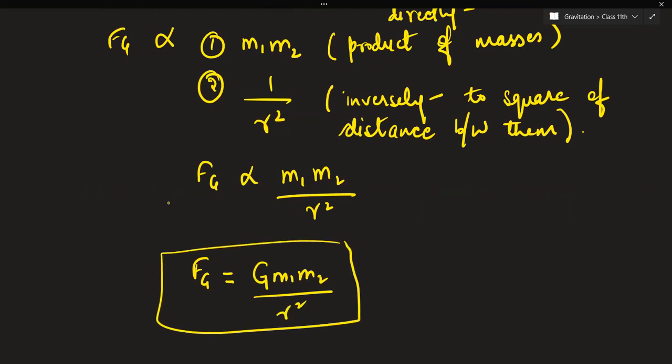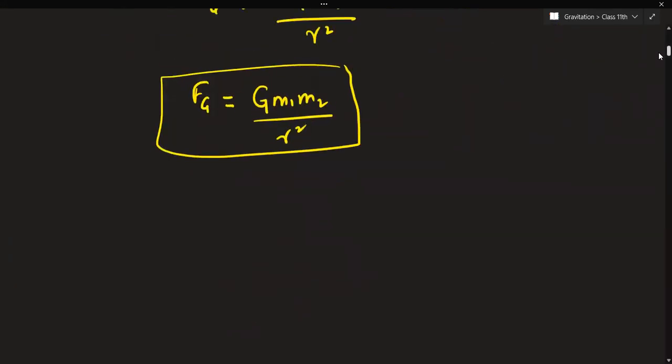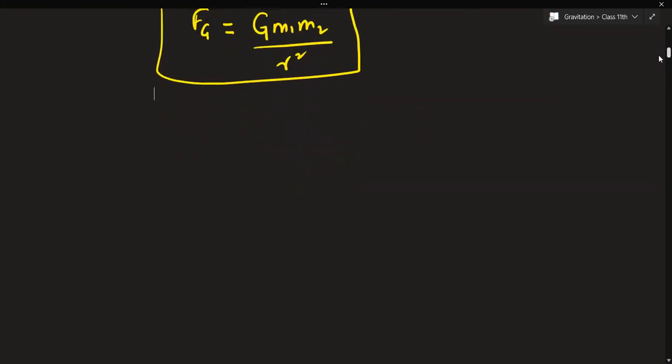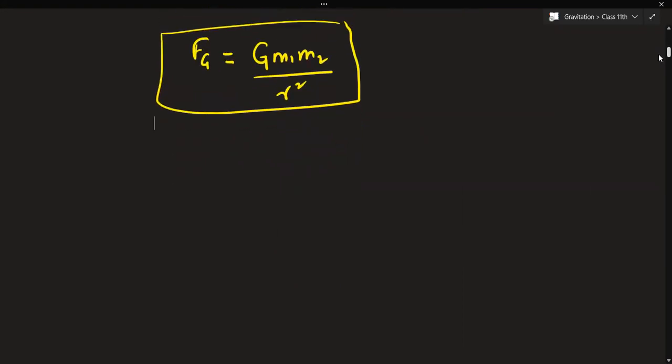Now, this G is what? G is basically the gravitational constant. This is a universal constant. It means it is independent of medium, independent of nature of material, independent of distance between the particles, independent of masses of the particles, independent of the potential energies of the particles. So G is a universal gravitational constant.